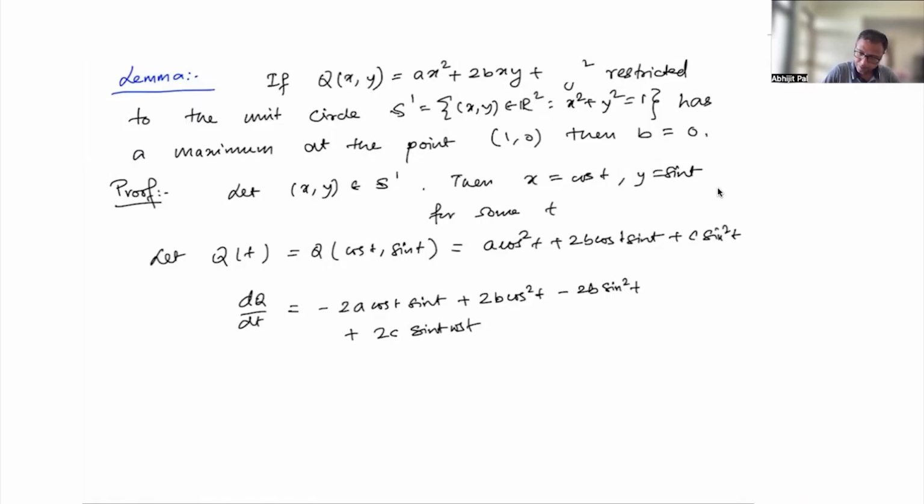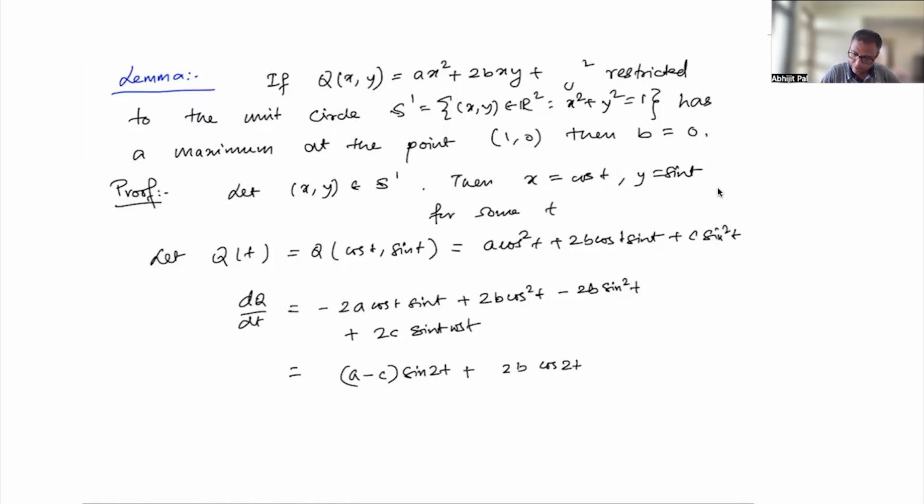So this is again equal to (c minus a) sin 2t plus twice b cos 2t.